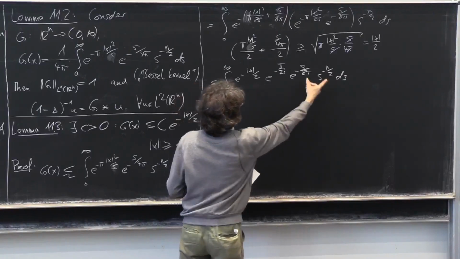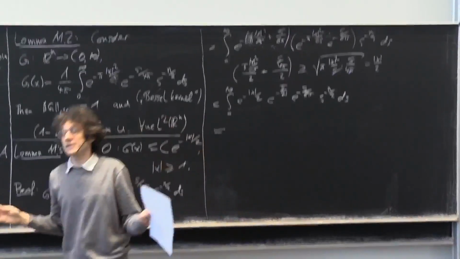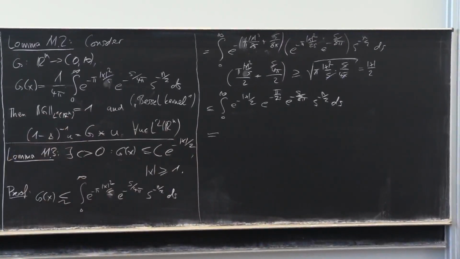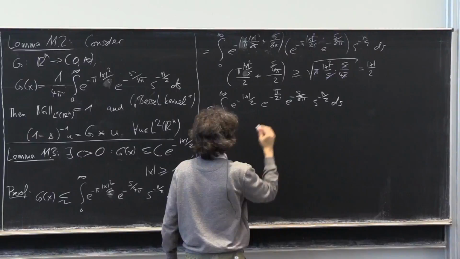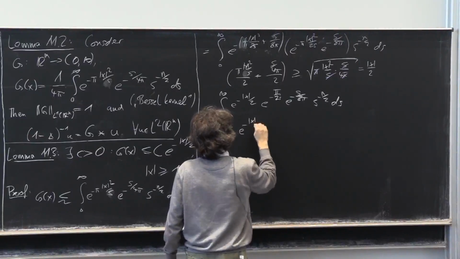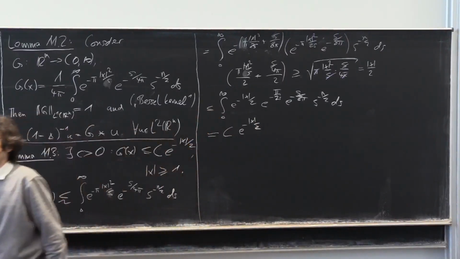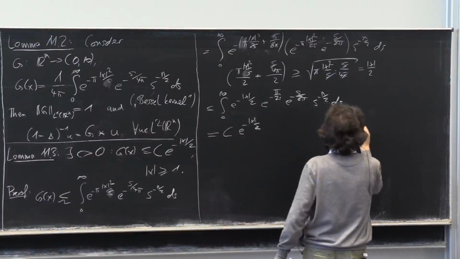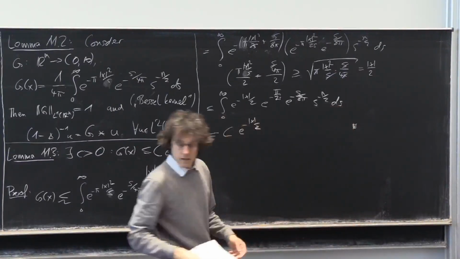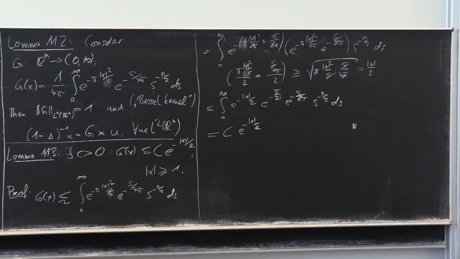And the rest only depends on s and is an absolutely convergent integral, which gives you just some number. So what you have here is the value of the integral that I do not want to calculate times e to the minus modulus of x halves. And this is exactly what we wanted to show. Okay, so this is the behavior of the Bessel kernel for large arguments.